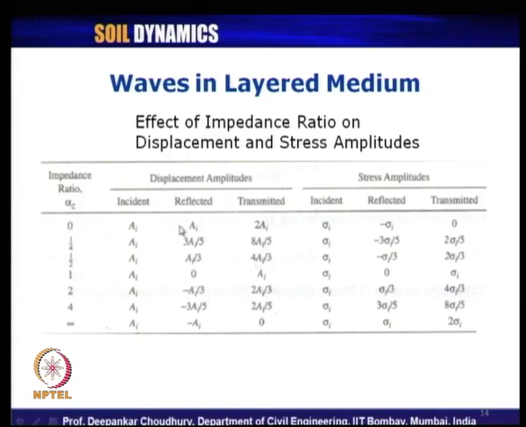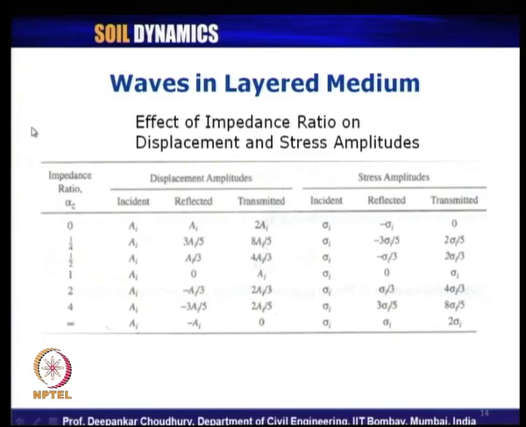Then the effect of impedance ratio on various displacement and stress amplitudes. We have seen how the displacement amplitude is getting amplified when impedance ratio is less than 1, which is of our concern, because in soil generally waves, when traveling from a very lower strata, which is typically very hard in nature, to a softer media on the top surface, there is a chance of the incident displacement amplitude getting magnified by several times when it is coming to the higher media or top media in the form of transmitted wave displacement amplitude.